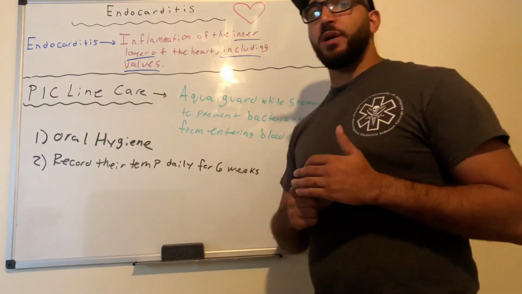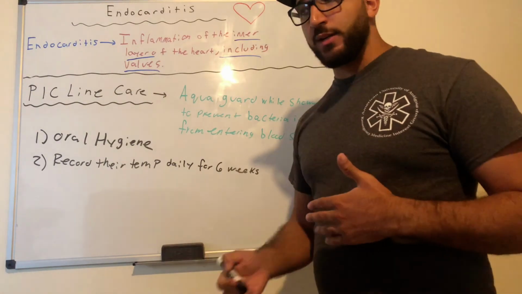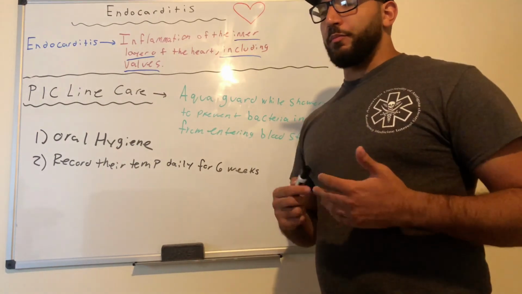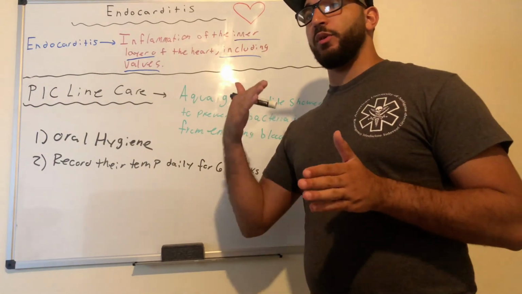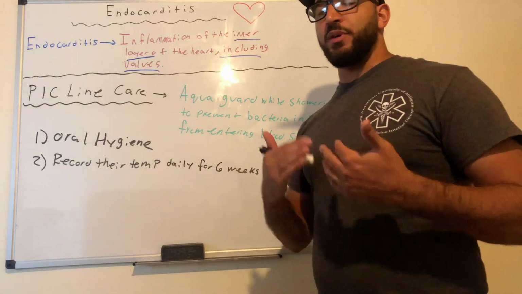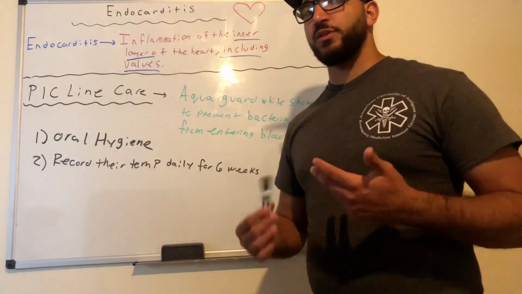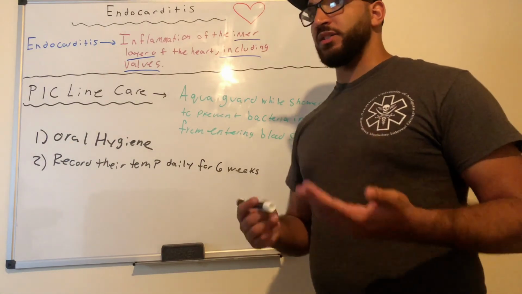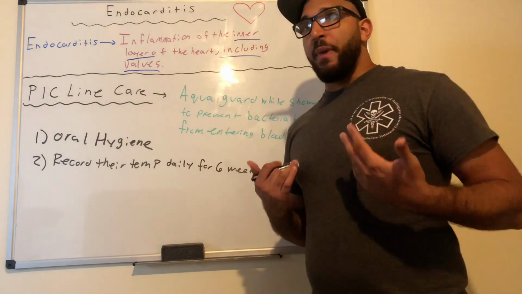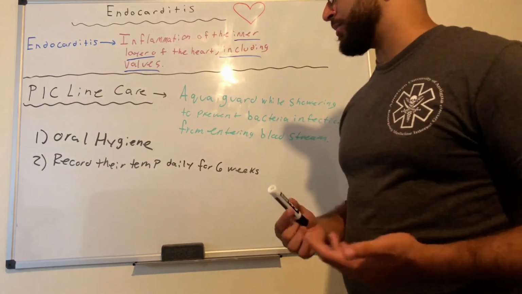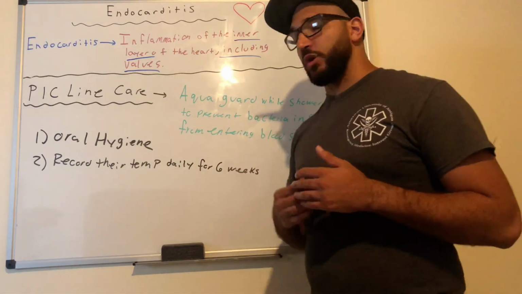Also, you want to teach the patient to record their temperature daily for a 6-week period. The reason being, if there's an elevated temperature on a weekly basis, it might be indicative of the endocarditis having returned, or the patient's white blood cell count may have increased due to another bacterial infection. So it's important to teach that patient about recording their temperature.